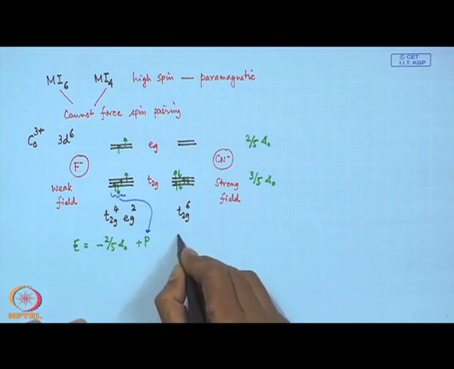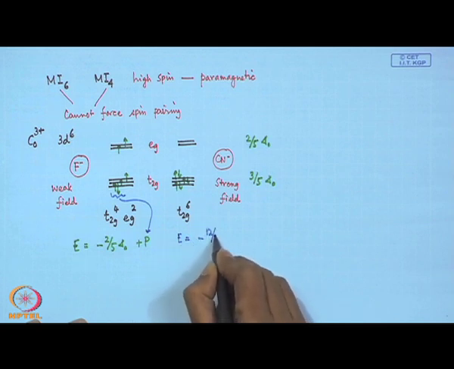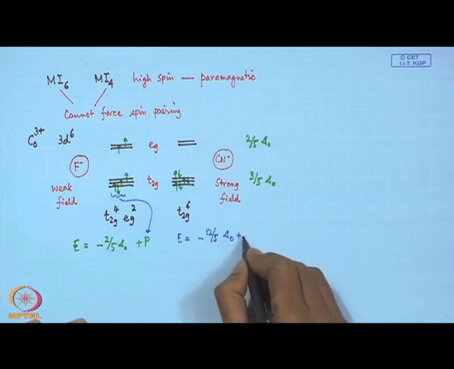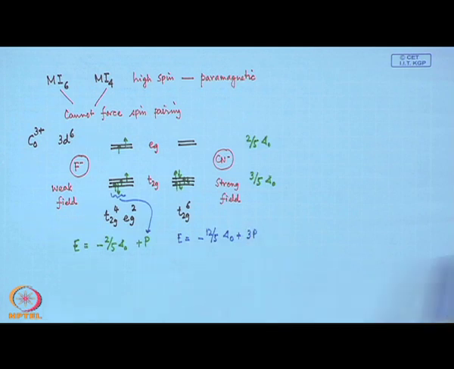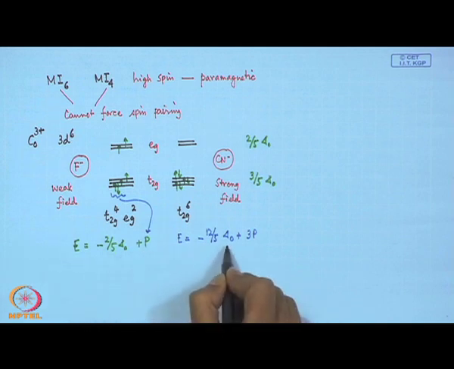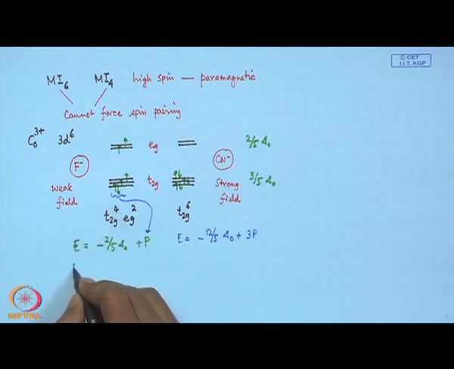Similarly, for the right hand side we have minus 12/5 delta O plus 3 units of pairing energy term. So, this is the situation, a weak crystal field. This will be the balance between the pairing energy and the splitting.